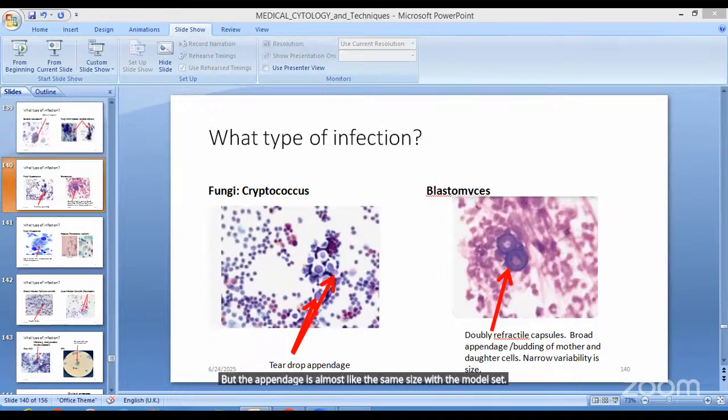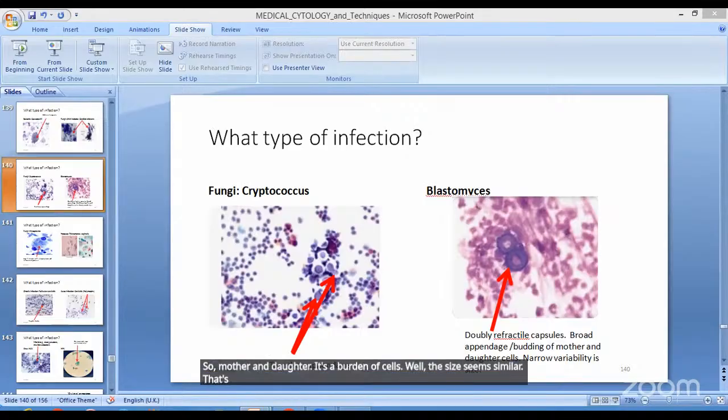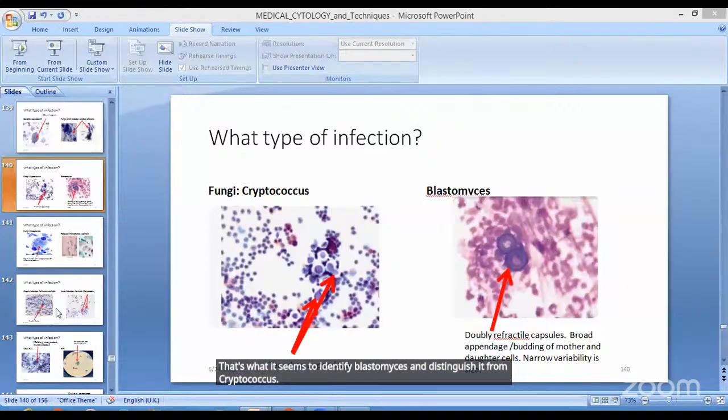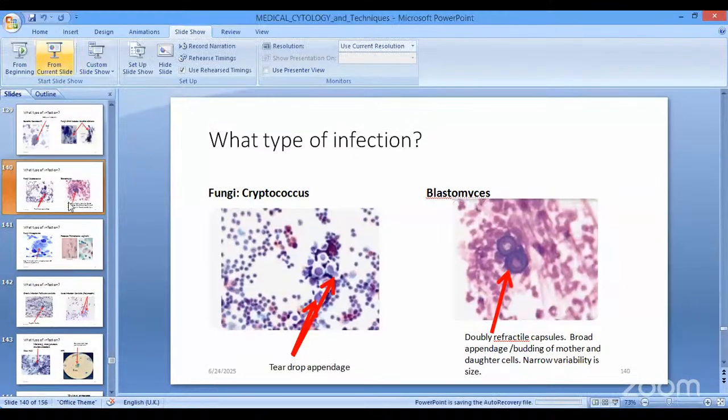So mother and daughter, it's a budding of cells, but the size seems similar. That's what is used to identify Blastomyces and distinguish it from Cryptococcus. Those are exam questions.